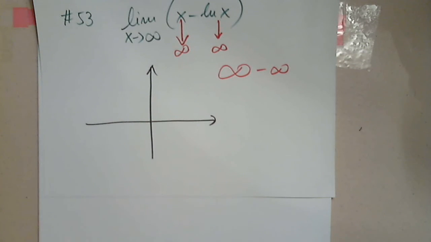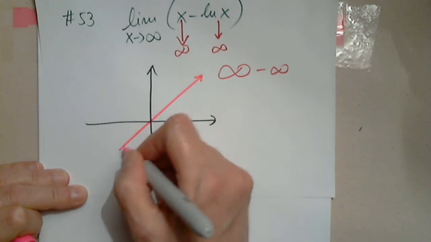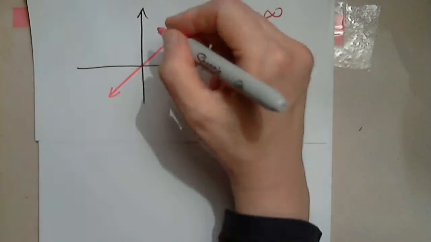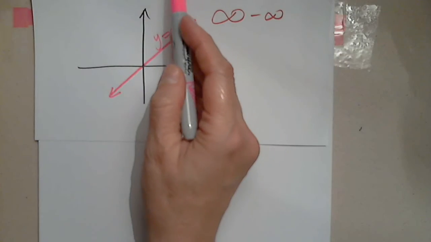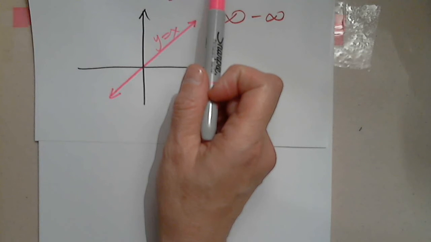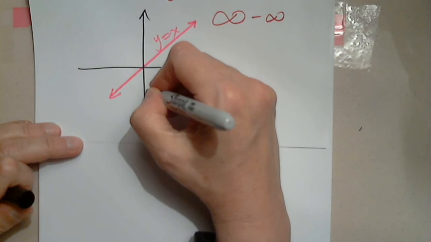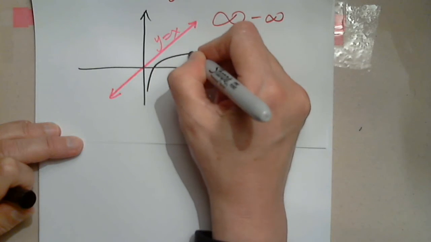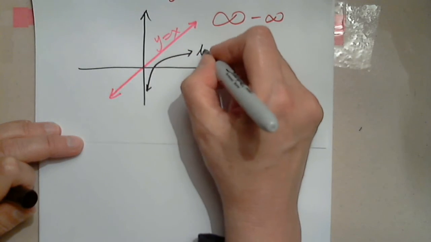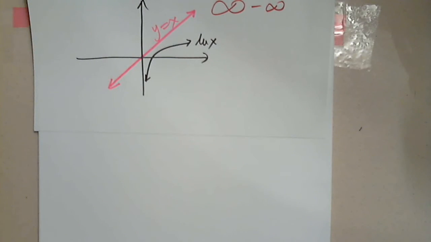So when I graph y equals x, I graph this one. When I graph this one, I graph this. So which one goes to infinity faster?